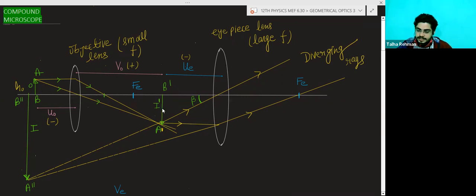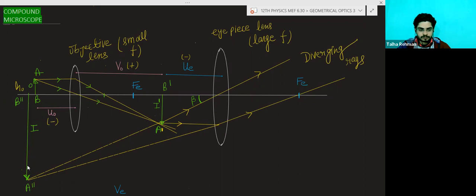This image will work as an object for the eyepiece lens. Now you will say, sir, why are you saying this is the object, this is the image? But I already told you this is the object for this lens. So for this object, this eyepiece lens will form a bigger image here. And that is what you will see.